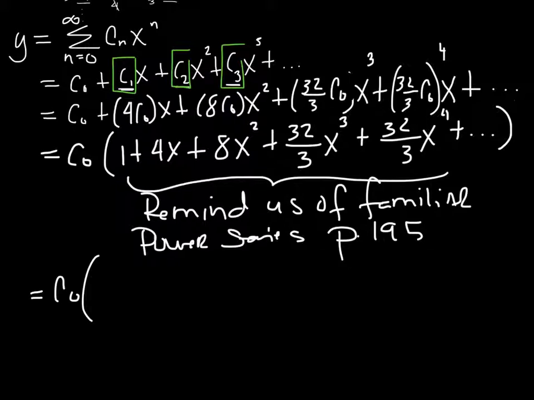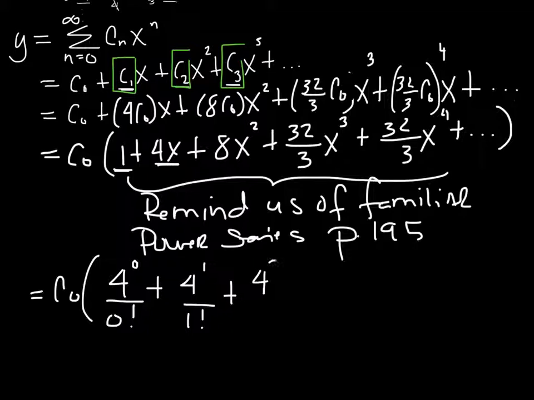I have 1, and I want to have a 4 in here. 4 to the 0 is the same thing as 1. I'm going to divide by 0 factorial. I'm going to tell you why in just a bit. Plus the next one, 4x, that's the same thing as 4 to the 1st power divided by 1 factorial, plus 8x squared.